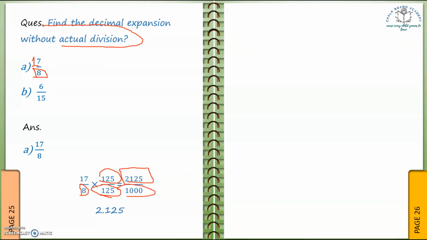Because 1000 has 3 zeros, after 3 places we place the decimal. So the answer becomes 2.125. We haven't divided it actually. We have still found the decimal expansion of this, because this is terminating.